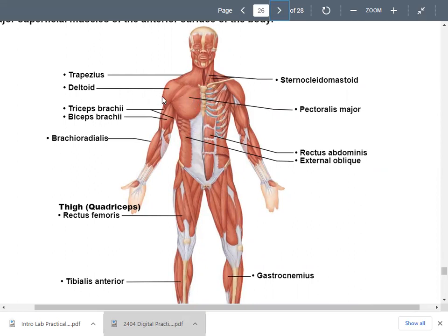In the shoulder, the deltoid, in the upper arm, biceps brachii, forearm, brachioradialis, right? Because it's by the radius. In the abdomen, middle of the abdomen, you have the rectus abdominis, and on the sides of your abdomen, you have your external obliques. Remember, oblique means diagonal, which is the way these run.